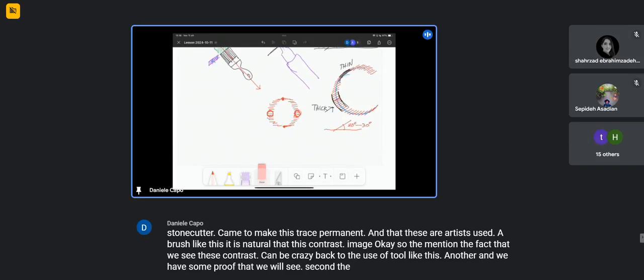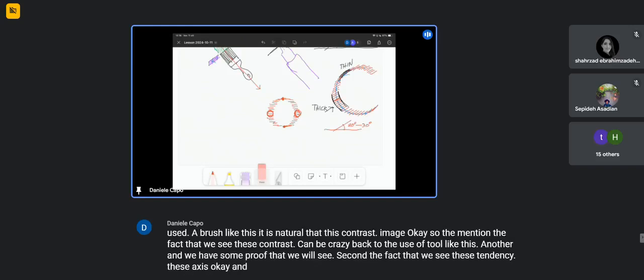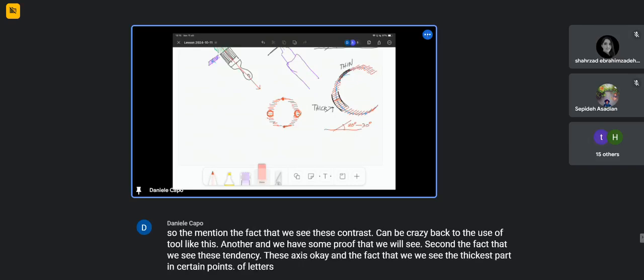Second, the fact that we see this tendency, this axis, and the fact that we see the thickest part in certain points of letters gives us the idea that they used the brush in such a way.